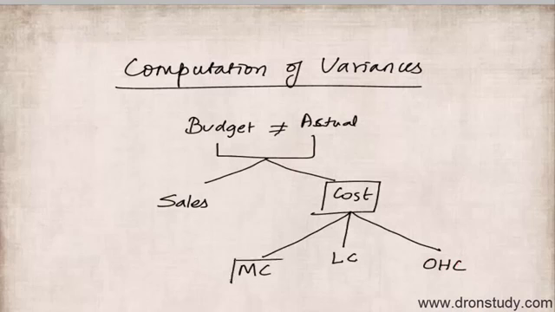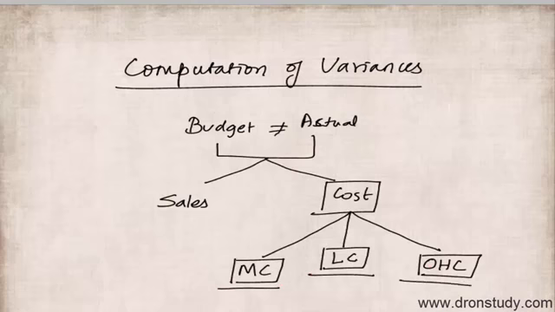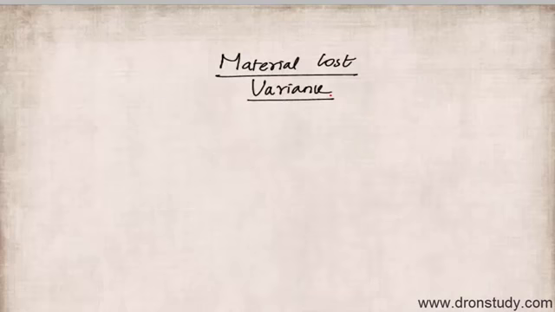So if there is variance in material, labor and overhead cost, obviously there will be cost variance. In this course, we are going to understand in detail about variances in all these items. In this session, you are going to understand what is material cost variance.